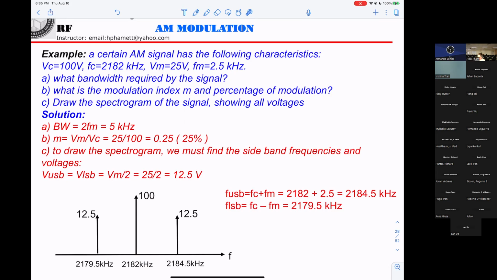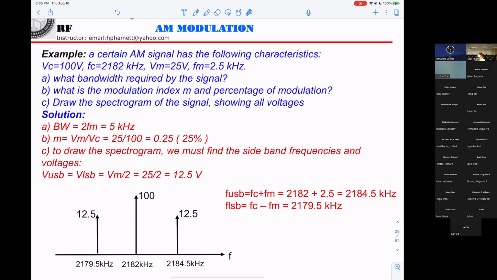Let's see, what is the bandwidth? Bandwidth equals 2 times FM. That means 5 kilohertz. This is the bandwidth. M equals VM divided by VC, 25 divided by 100. That means you get 0.25.